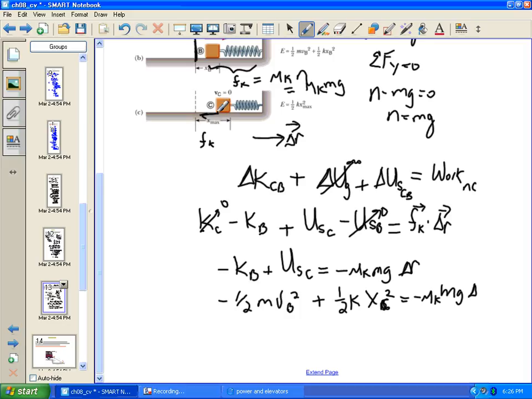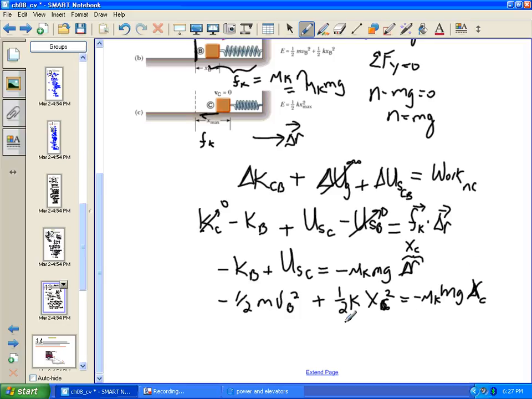After all, the spring compresses from its relaxed state, so the block makes contact with the spring, and so here delta R is the distance of the compression, which we are calling x sub c, from the relaxed state to the compressed state.